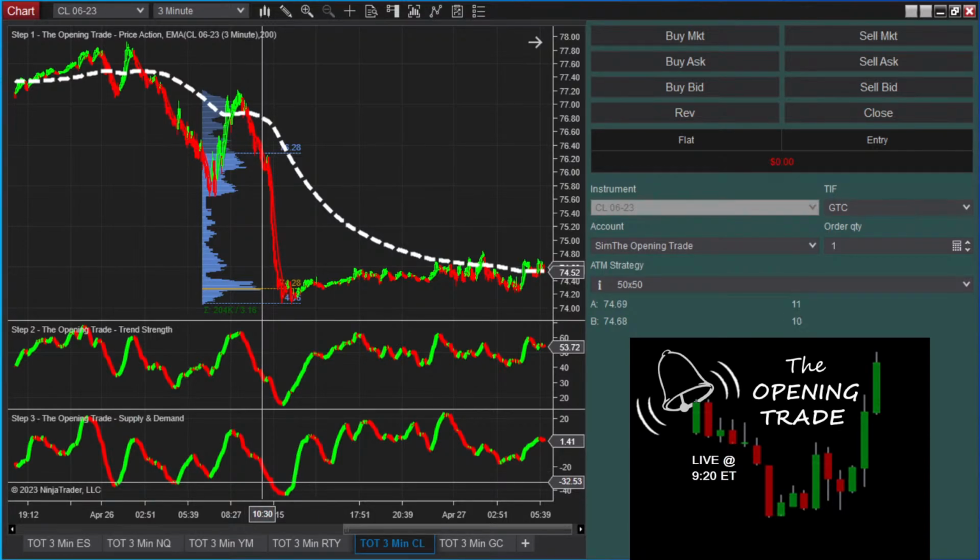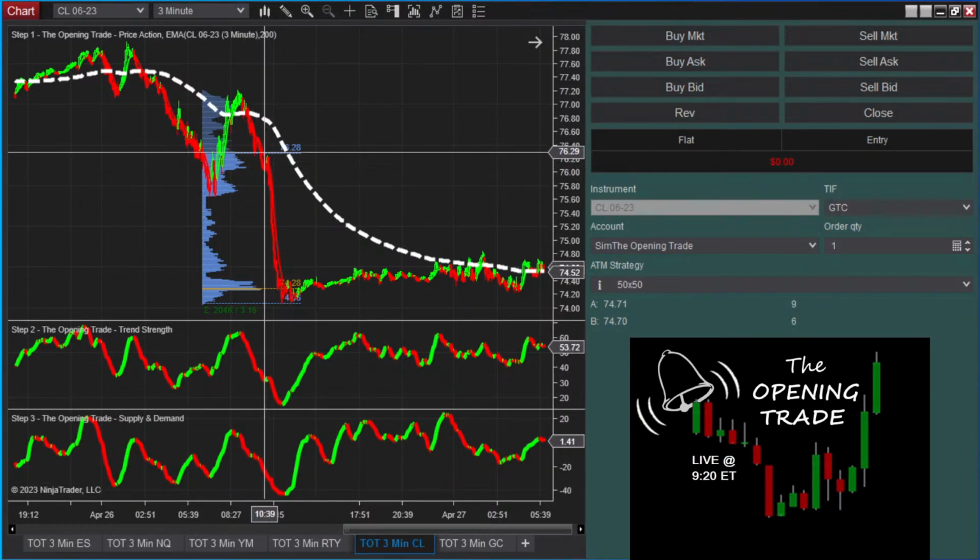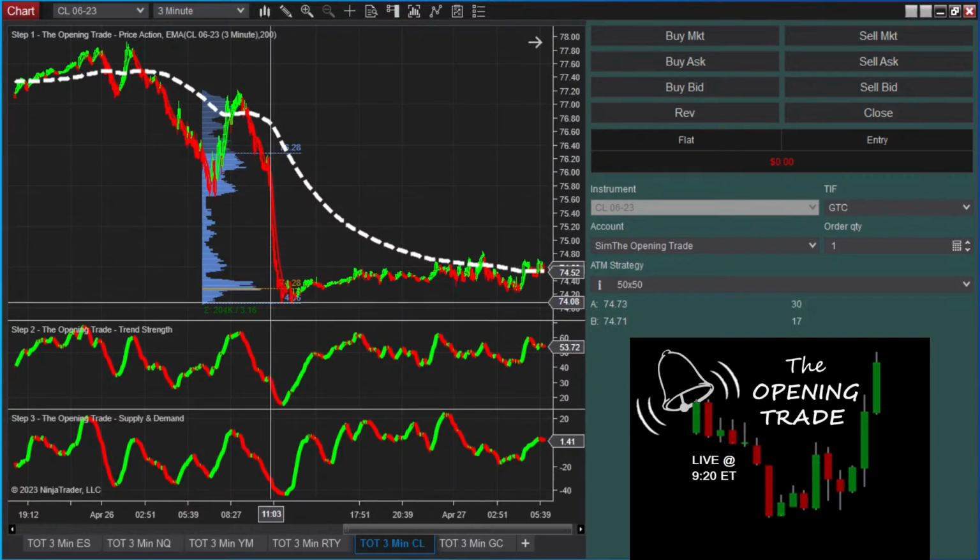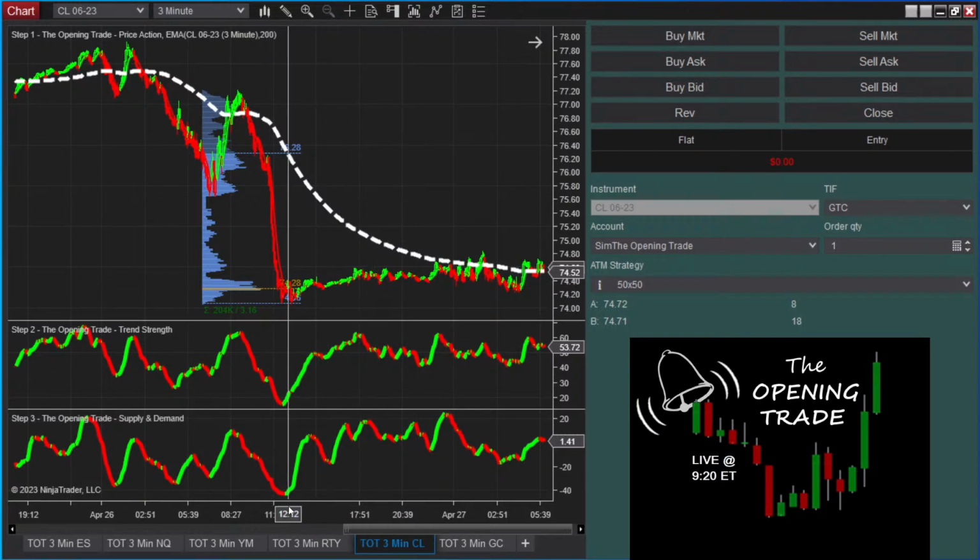Okay, so right here is 10:30, and this is when the crude oil inventory report would have come out. You see that, let's see, 76 down to 74. So that was a pretty giant move.